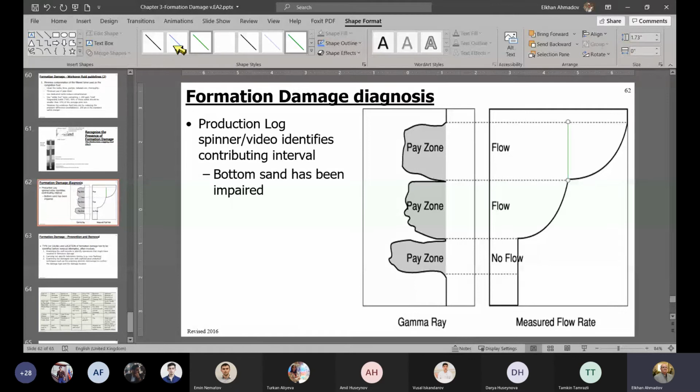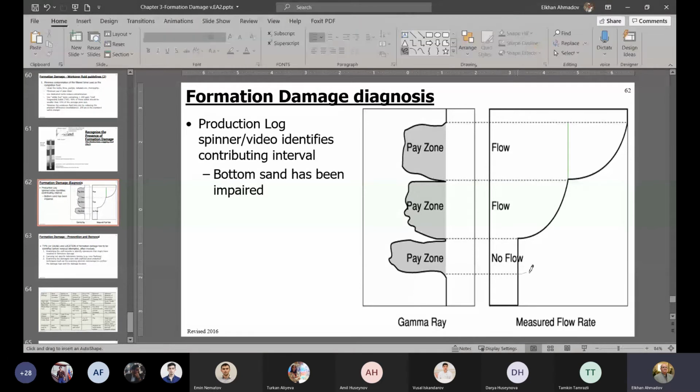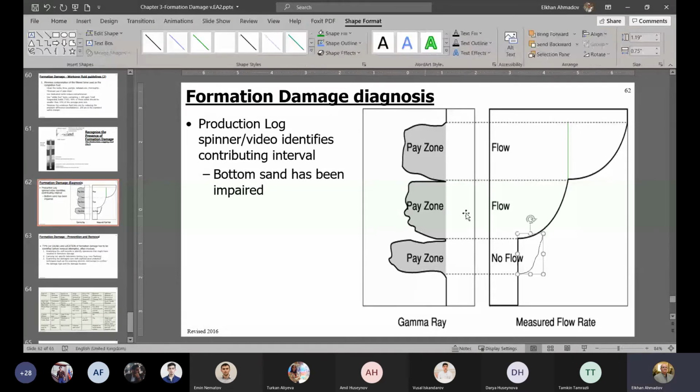If this one is producing, then from this point it would go like this. And if this zone is not producing, then we will have a straight line through this zone. And then again, if the next zone is producing, this will go like this.